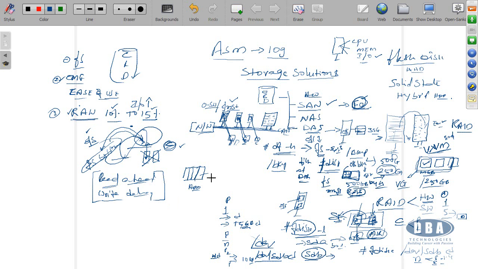Now what happens in the case of a raw partition? Understand, you have your instance and you keep your database files on raw partitions. Raw partitions will not use the file system buffers because they are not formatted as a file system. The operating system has no clue about managing raw partitions.